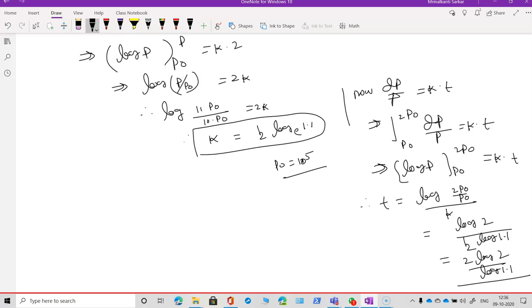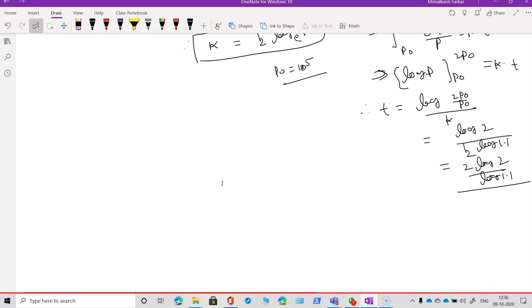So this is about the sums from the chapter, method of substitution, method of separation of variables to solve differential equations.